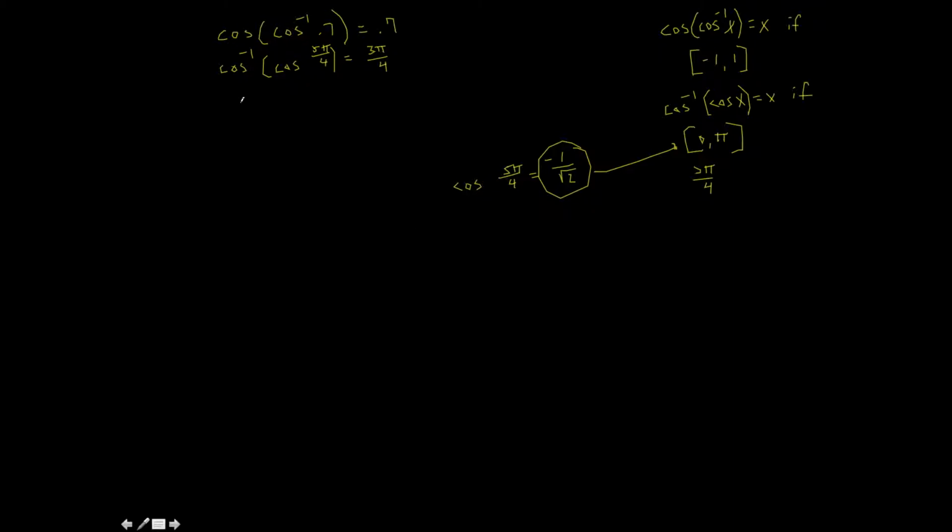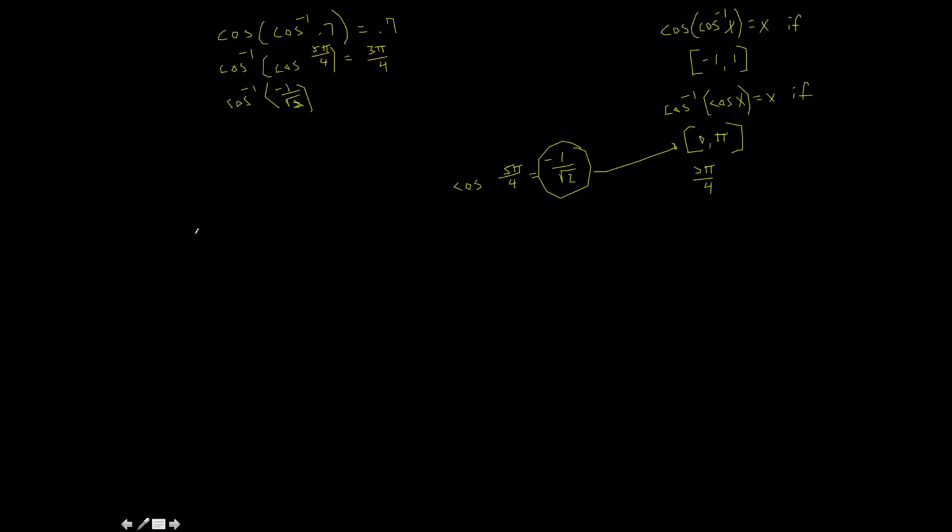Now, essentially what we did there, folks, is we asked this question here: what is the inverse cosine of negative 1 over the square root of 2? So we found the angle in 0 to pi that had a cosine of negative 1 over the square root of 2. That's essentially what we did there.